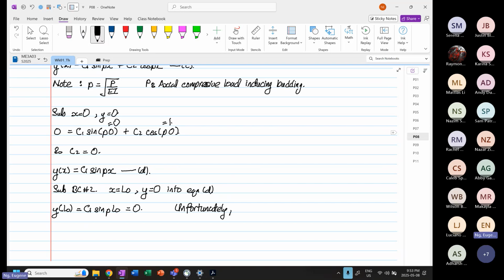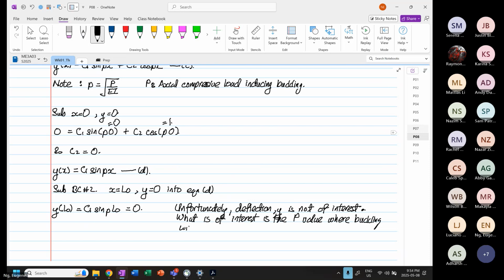Deflection y is not of interest. What is of interest is the P value where buckling will occur, i.e., what is important is this thing down here, capital P.